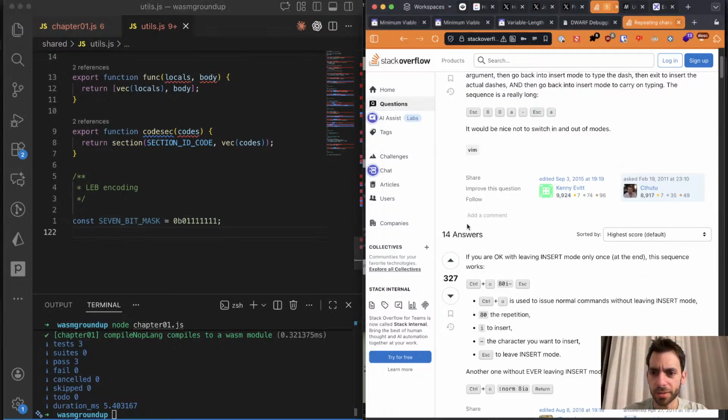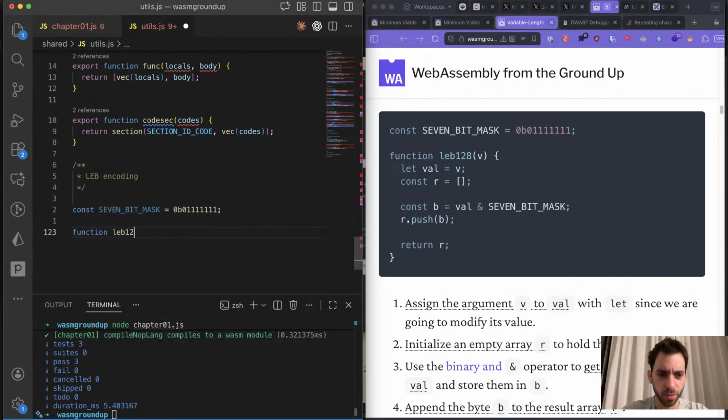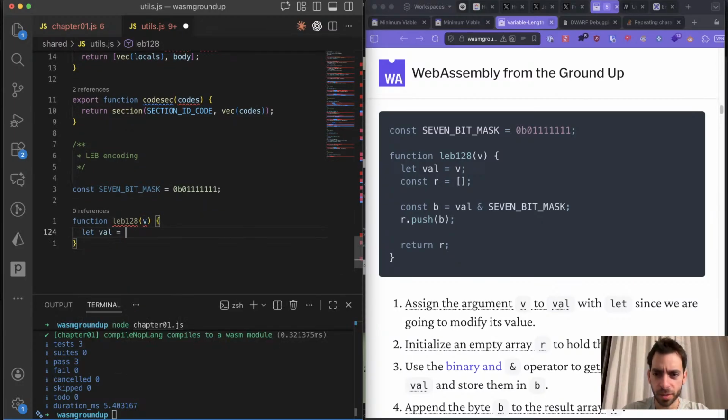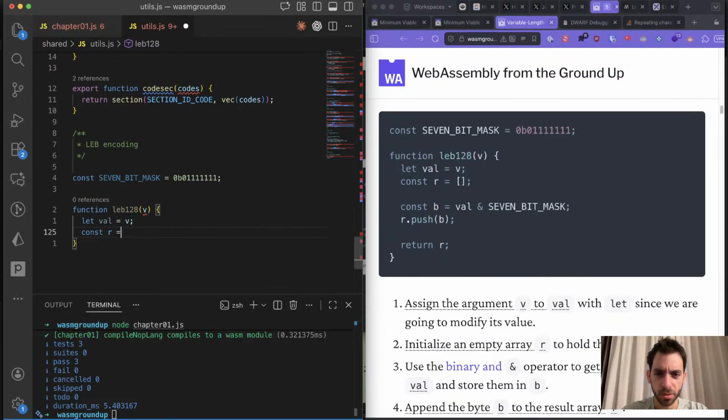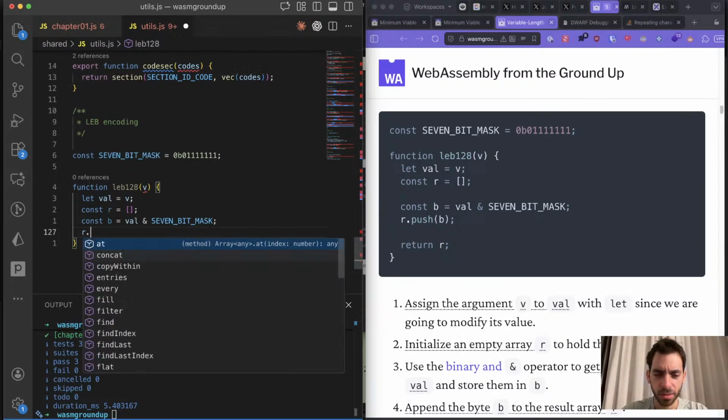Got the 7-bit mask. Now we're gonna continue in here. I'm gonna say function leb128 v. Let val equals v. Const r. I don't know why we would define val like that. Val ampersand 7-bit mask. r.push b.